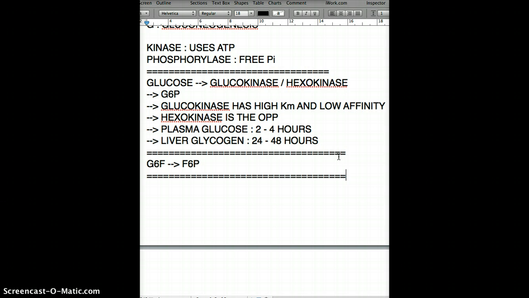I want to skip to the next one, where fructose 6-phosphate is converted to fructose 1,6-bisphosphate. Certain steps of the pathway are not as high yield in the USMLE, so that's why I'm going to be skipping to this step.